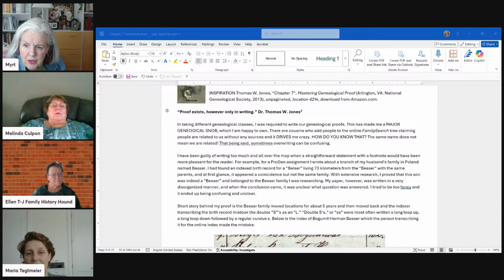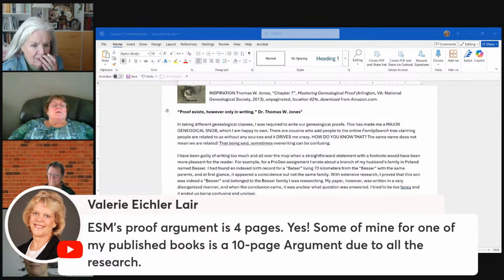Couple of other things. Valerie's saying her proof argument is 4 pages. Some of mine for one of her books was a 10-page argument due to all the research.